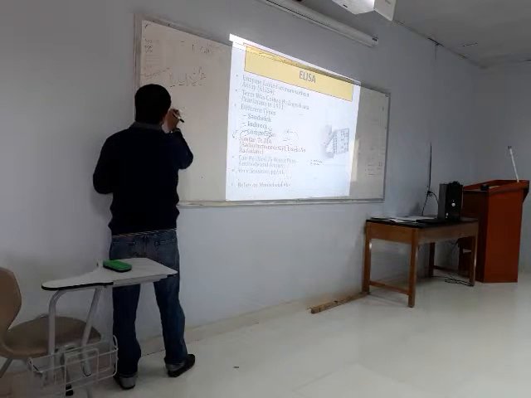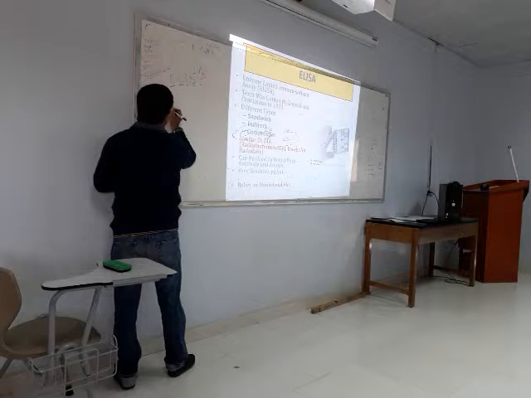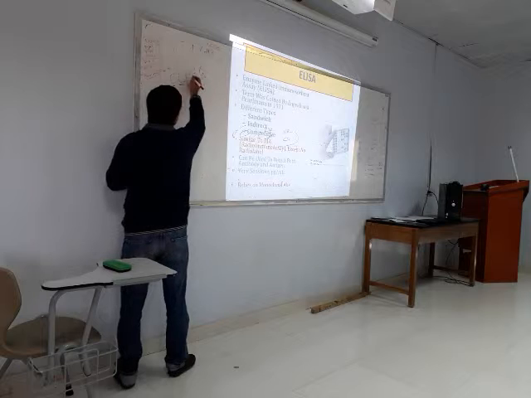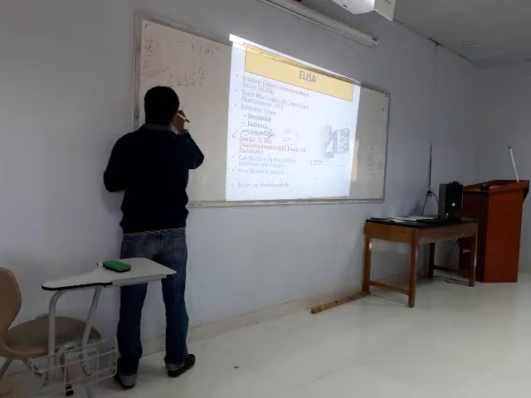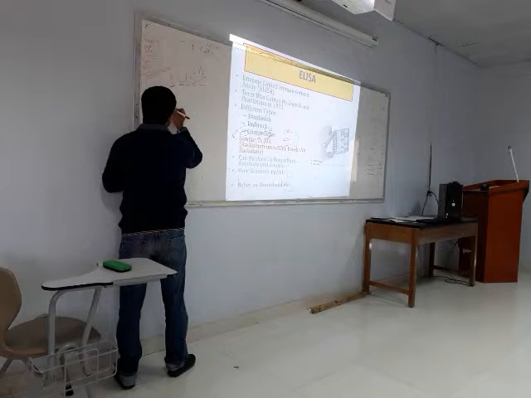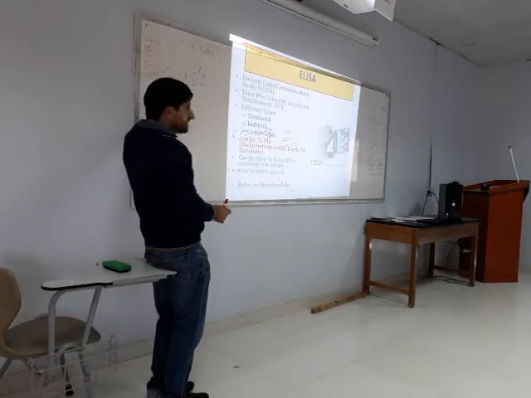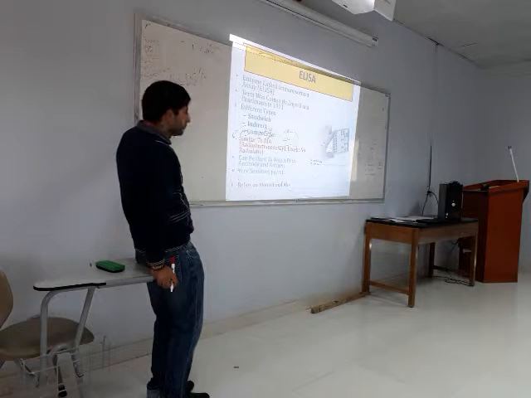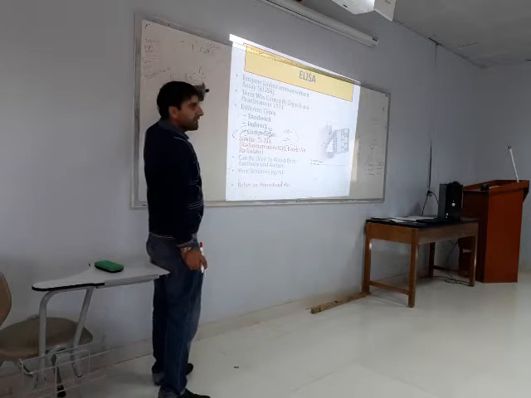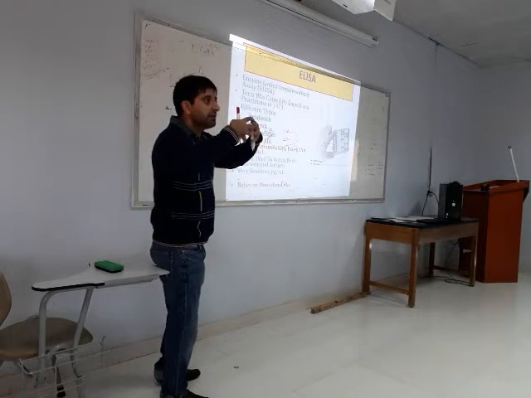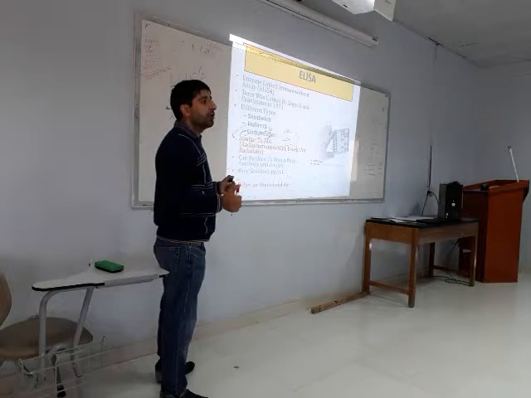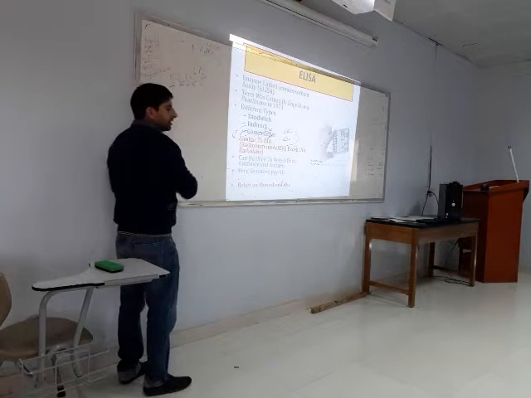This is enzyme, this is linked. It has been linked to immune, meaning antibody. Enzyme linked immunosorbent assay. Something is linked with the antibody, and this makes a test. It's called ELISA.